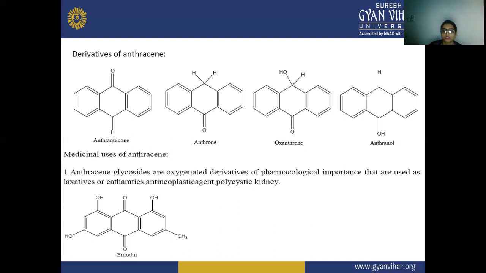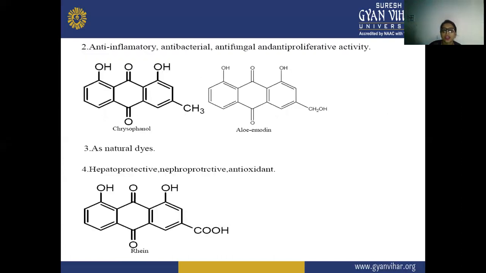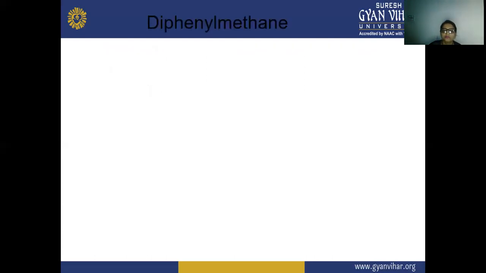This is emodin. Next are anti-inflammatory, antibacterial, antifungal, and anti-proliferative activity. These derivatives of anthracene show this, and they also act as natural dyes, and as hepatoprotective, nephroprotective, and antioxidant agents.